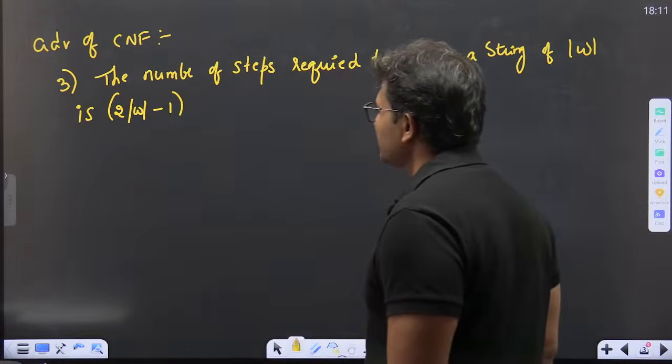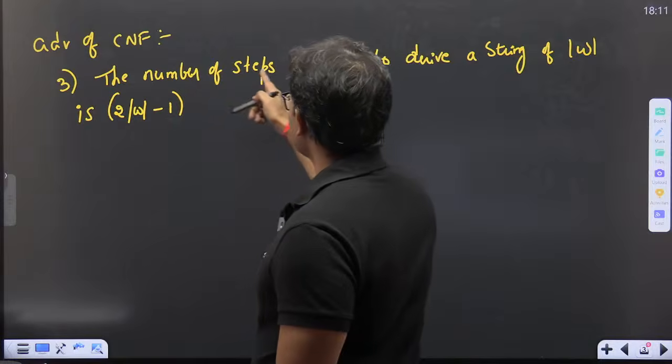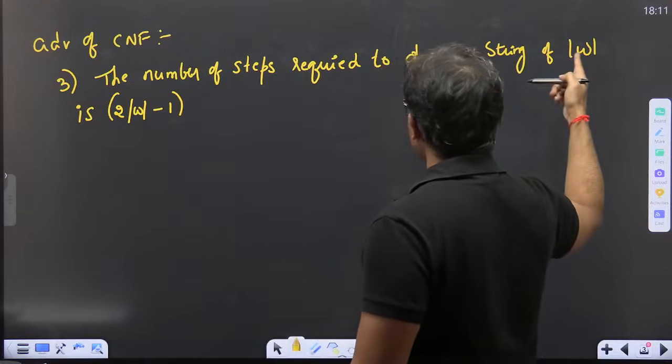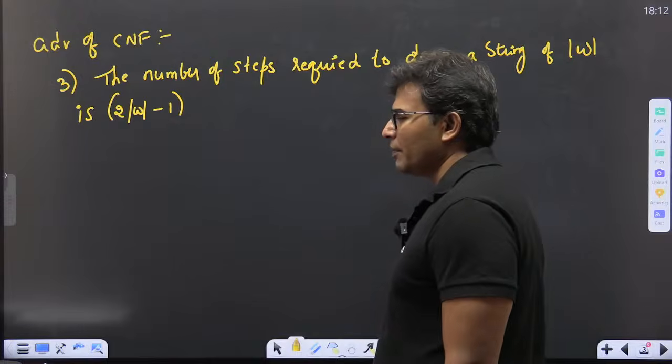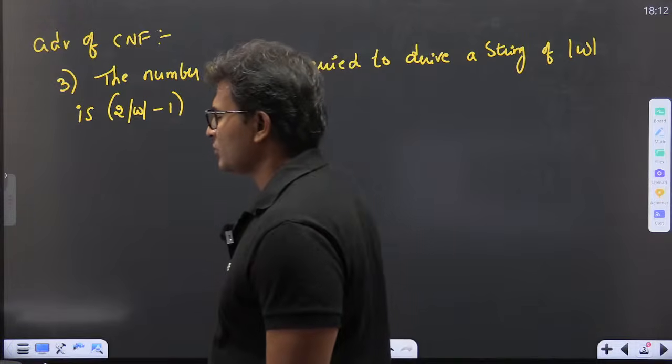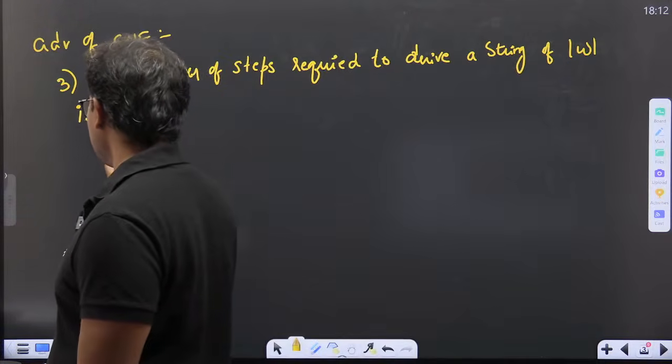What does this mean? The number of steps that are required to derive a string of length mod w is 2 into mod w minus 1. You can take an example, you can check it.